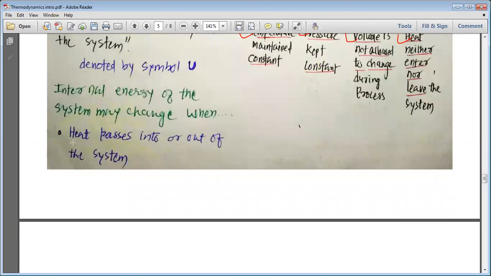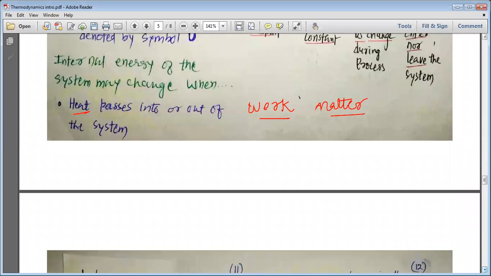Internal energy can be changed by either giving heat to the system or removing heat from the system, by doing some work on the system or by the system, and by adding matter to the system or removing matter from the system. So these are the 6 ways by which we can change the internal energy.